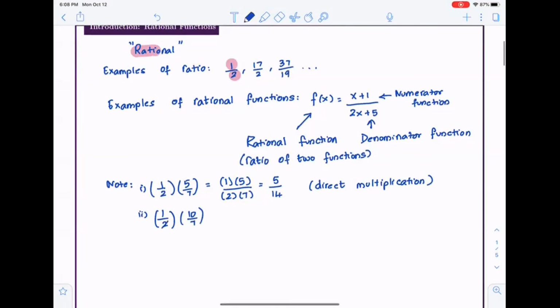So now I would have 1/1, because the 2 got cancelled, multiplied by 5/7. And we do direct multiplication. Numerator gets multiplied with numerator. Denominator gets multiplied with the denominator. So we have 5/7. So the key here is to simplify, then multiply.